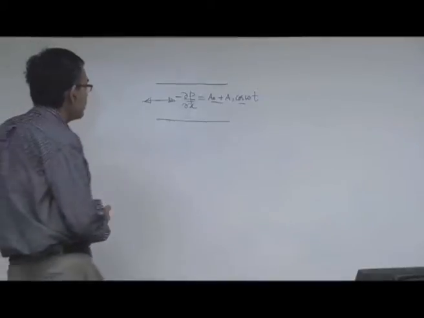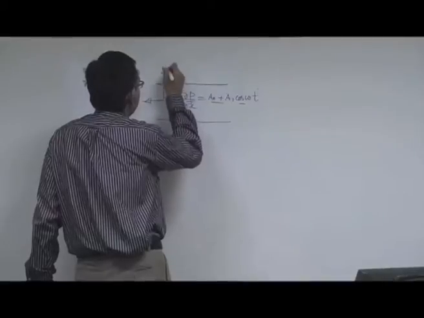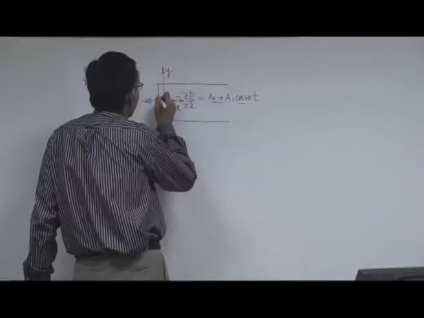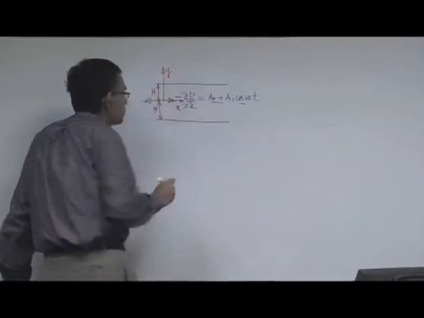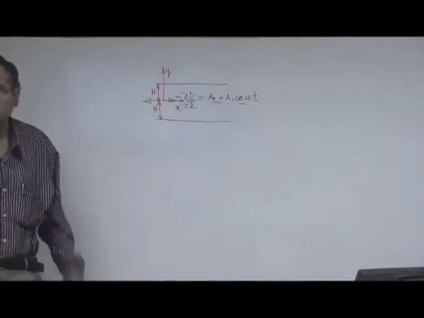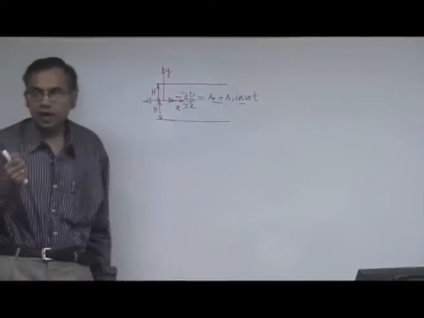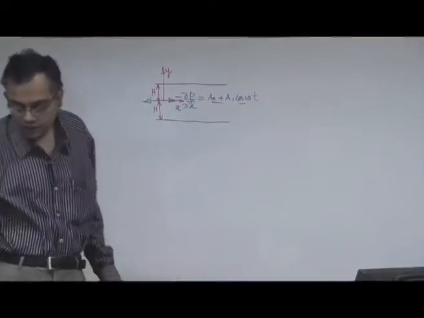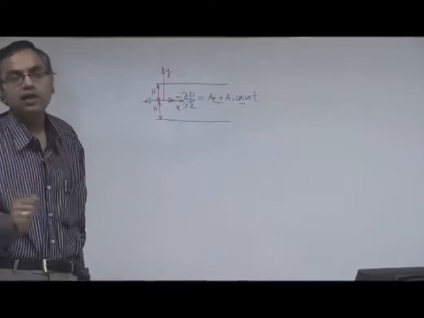Let us set up some coordinate axes. So, let this be the y axis, let this be the x axis, and let the half height of the channel be h. So, the physical setup of the problem is pretty clear: you have a driving pressure gradient which is oscillatory with time. You want to find out the velocity field within the channel as a function of position and time.